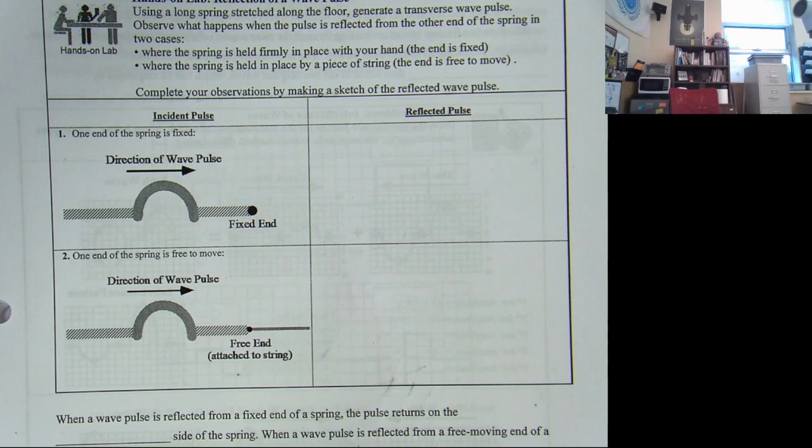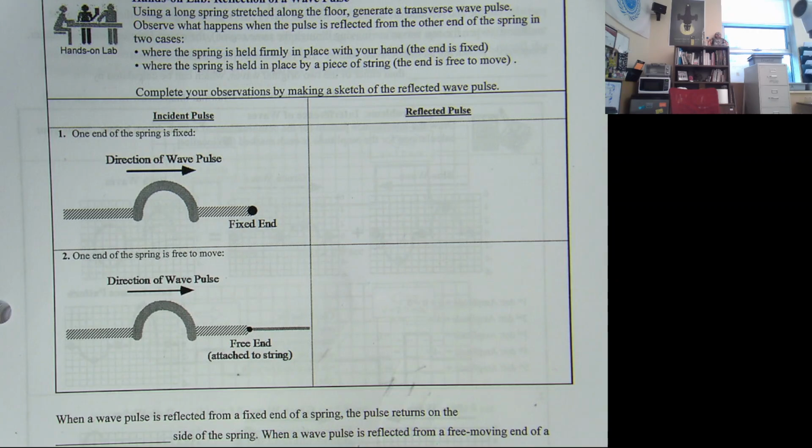What's this one doing? This is the effect I was looking for. So in one it flips. What's it doing on this one? Is it flipping as it bounces off that middle piece? No, it's coming back on the same side. So it depends on what kind of barrier the wave interacts with.